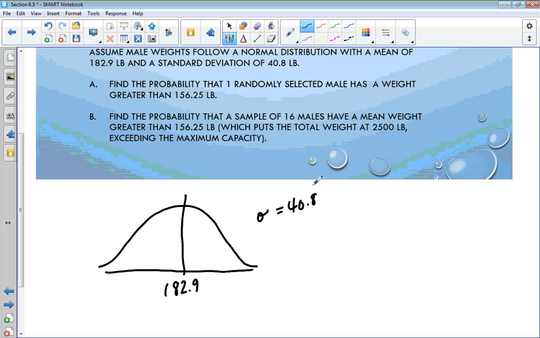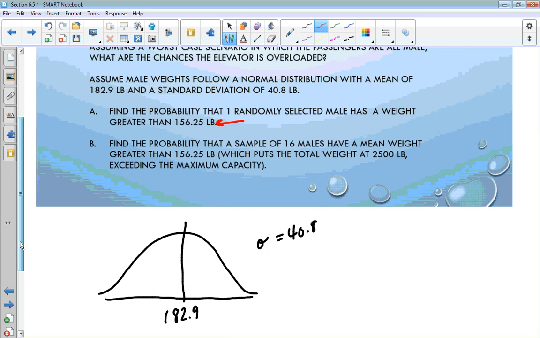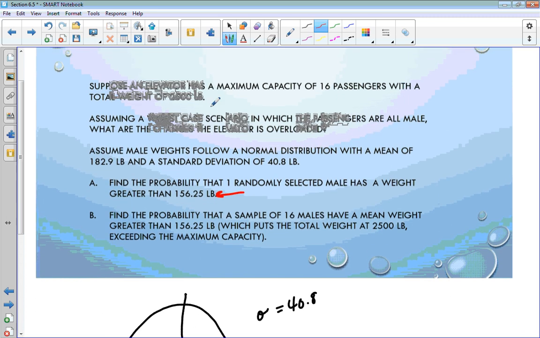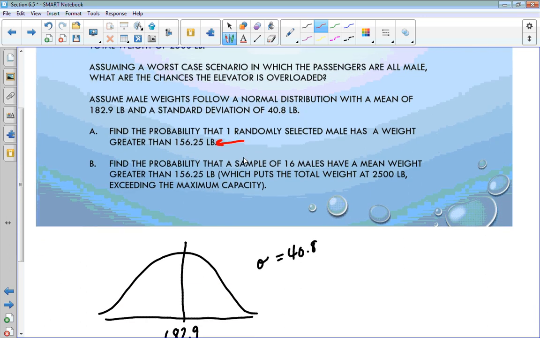The reason we're using 156.25 pounds is based upon this elevator rating. The elevator is rated for a capacity of 16 passengers with a total weight of 2,500 pounds. Well, if that were the case, those 16 passengers would have to have a mean weight of 156 and a quarter. So if you take 2,500 and divide by 16, you're going to get 156.25. So that's what we want to check.